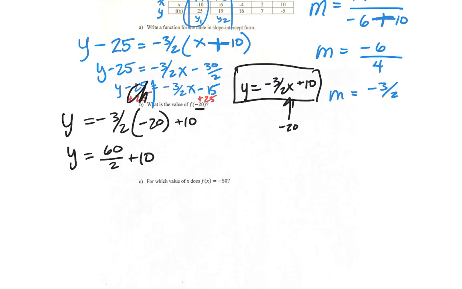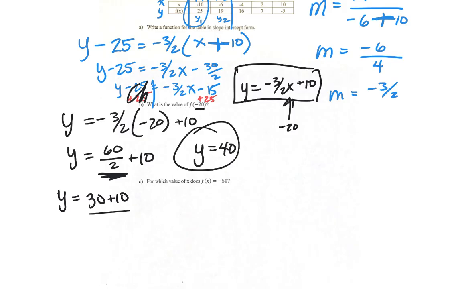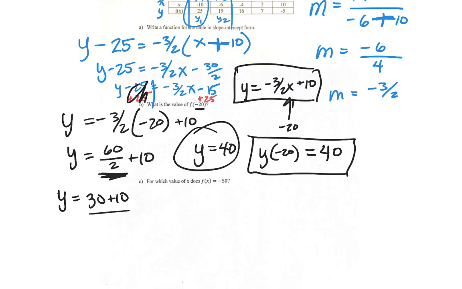We can clean it up. 60 halves is really just 30 plus 10. And 30 plus 10 is 40. So y equals 40. And the best way to write this would be to say, when I have an input of negative 20, that's going to equal 40. They used f, function notation, so I could have written f of negative 20 equals 40. These are all good answers.